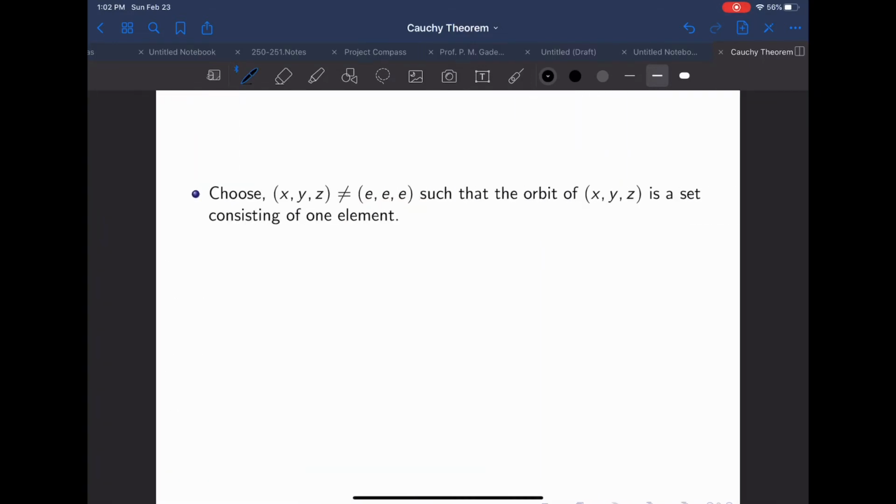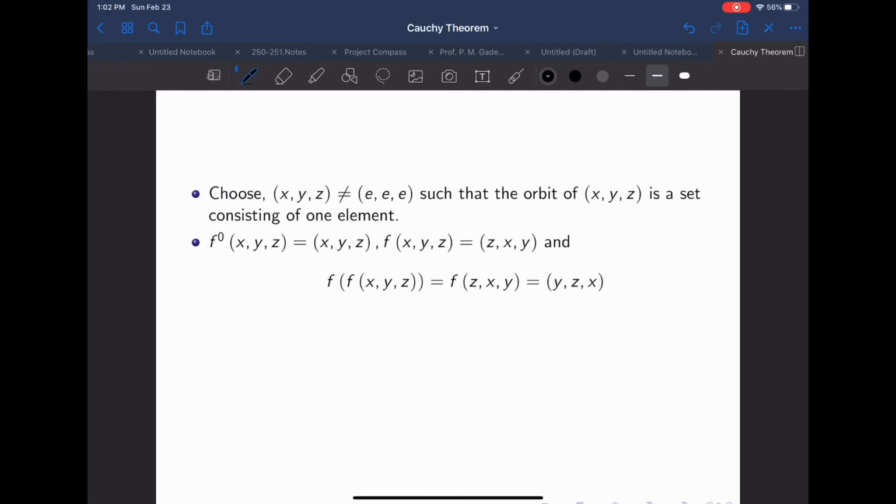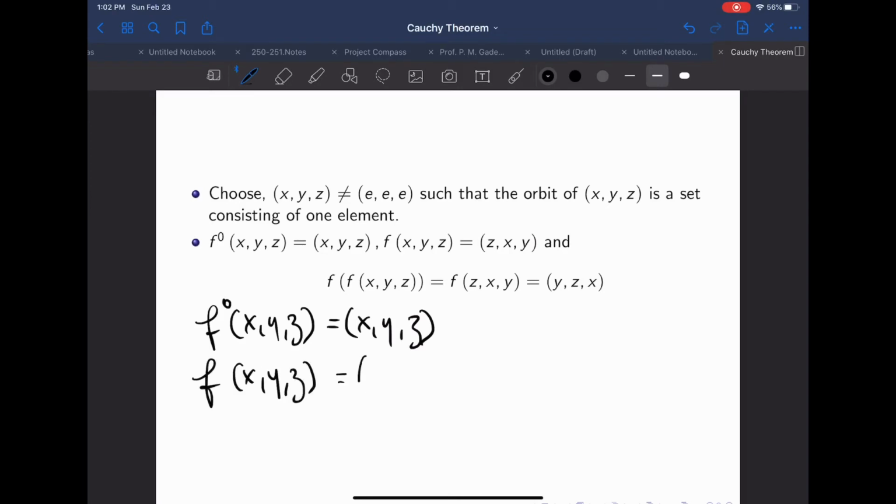So we can choose x, y, and z, which is not E, E, E, such that the orbit of x, y, z is a set containing one element. Okay, so clearly f to the 0 of x, y, z is just the identity. So this will be x, y, z. And if you take f of x, y, z, that will be z, x, y.